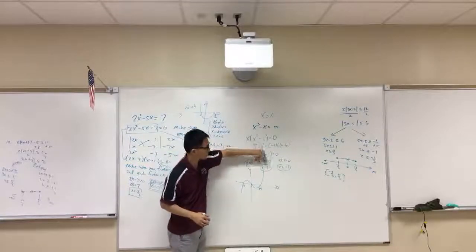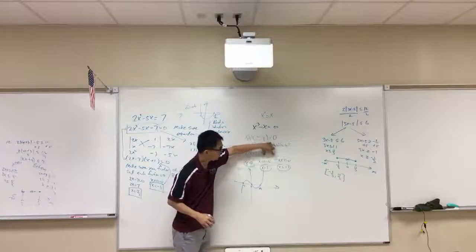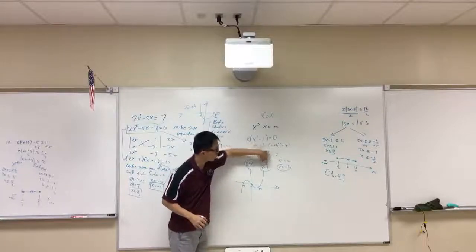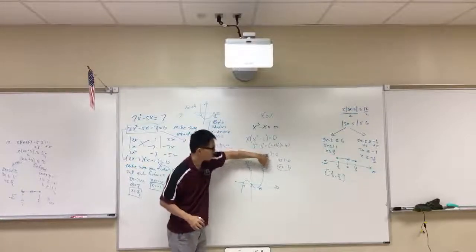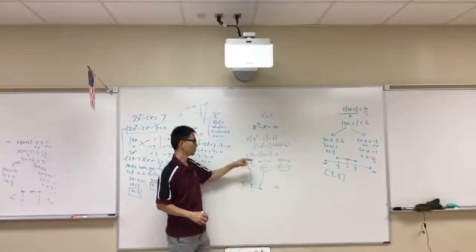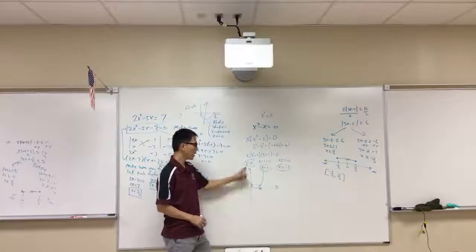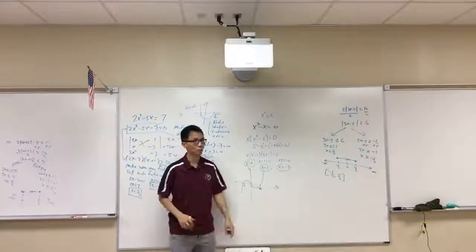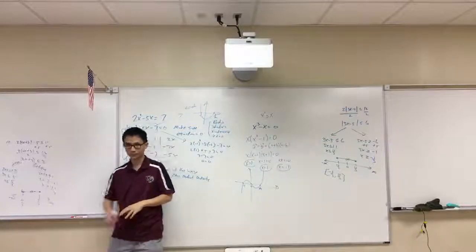I set each factor equal to 0. So I solve it, move the 1 to the other side. X equal to 1. Move the 1 to the other side, x equal to negative 1. X equal to 0. If you graph it, you're going to get those 3 solutions. We're going to talk about this later.